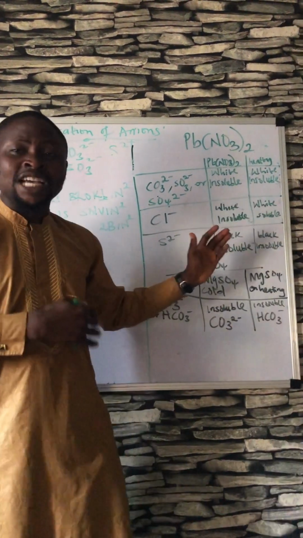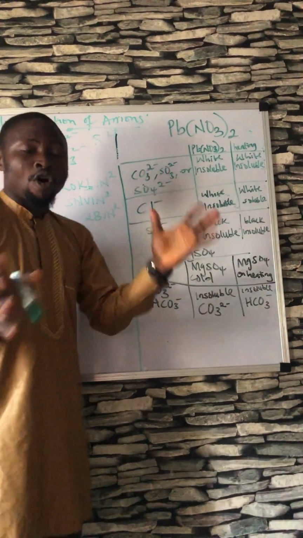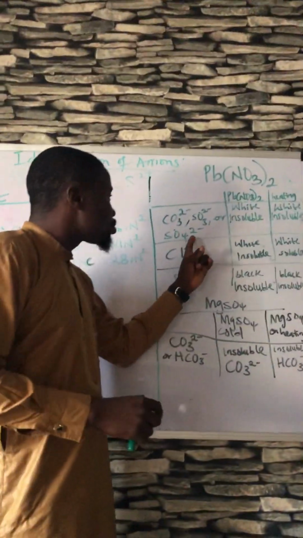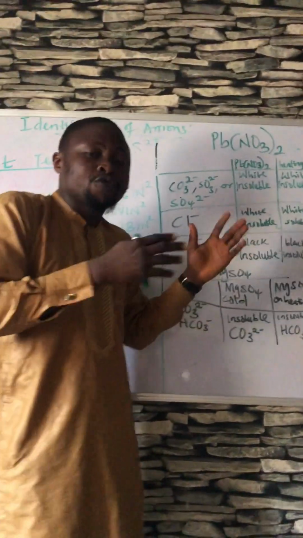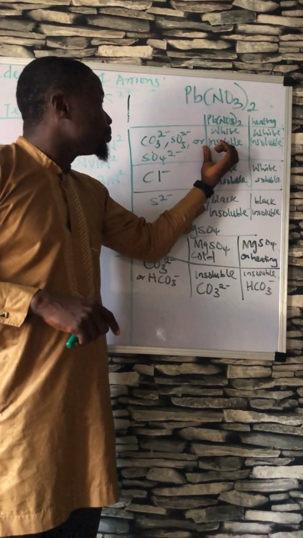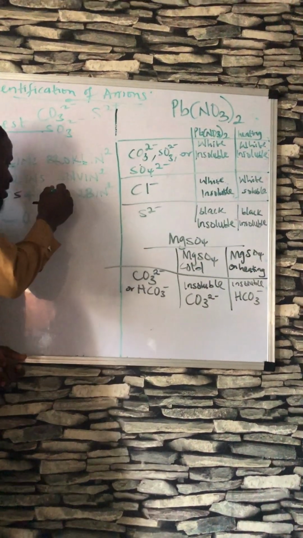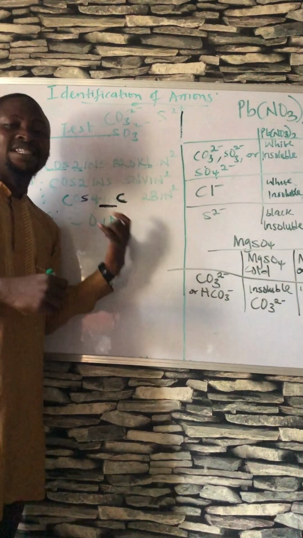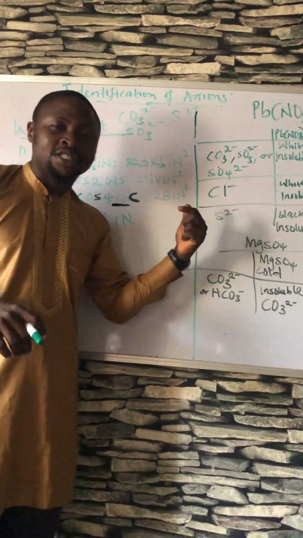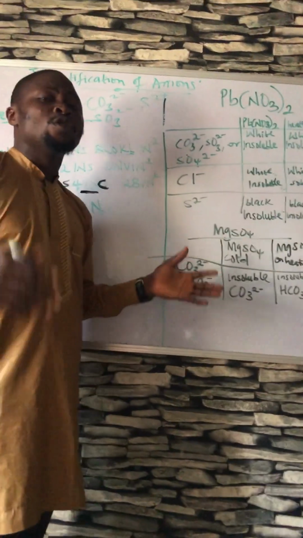For lead nitrate, we're going to look at CO3, SO3, SO4 and INS. CO3, SO3, SO4 are carbonate, sulfite, sulfate, and INS means insoluble. Meanwhile, the Cl here is chloride ion. It therefore means that you can use lead nitrate to identify if there is the presence of chloride ion or not.